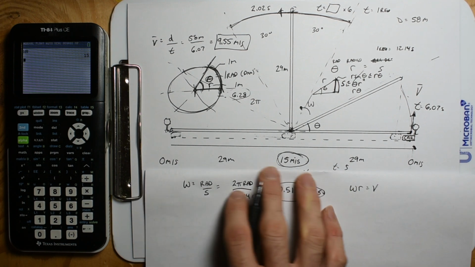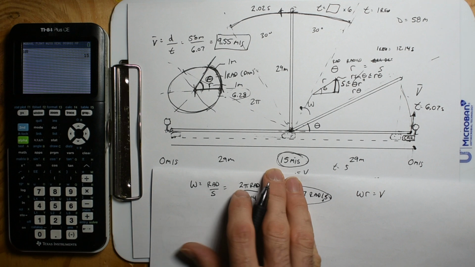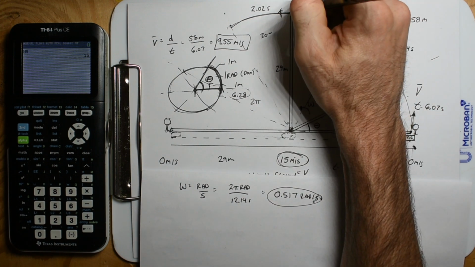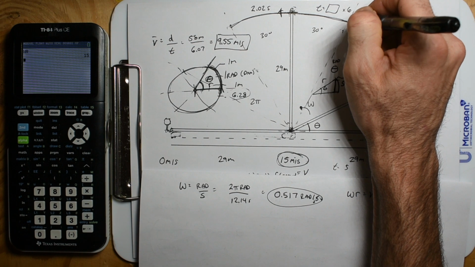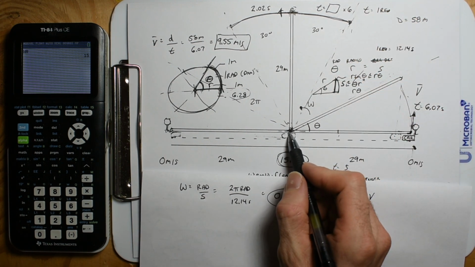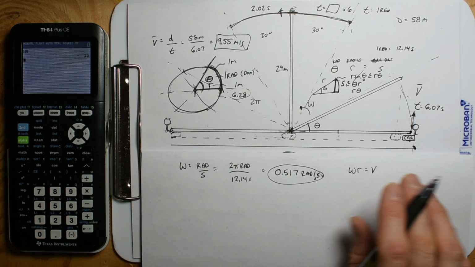Okay, so that does work. But that means our max speed is 15 right here. It does not mean that our speed is 15 meters per second at every point. If we're driving in a car, we're going to reach a max speed of 15 and then go back to 0. So that did work out kind of nice.